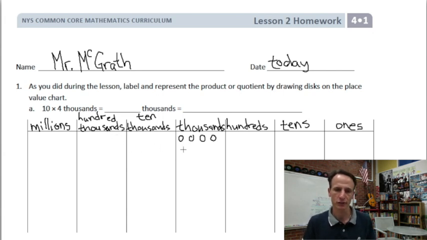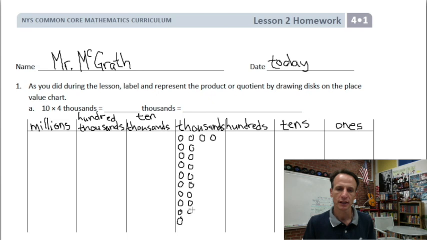Well, let's actually do that here. I have one already, so go with me. 2, 3, 4, 5, 6, 7, 8, 9, 10, and now in the second one there's one there already, so 2, 3, 4, 5, 6, 7, 8, 9, 10.